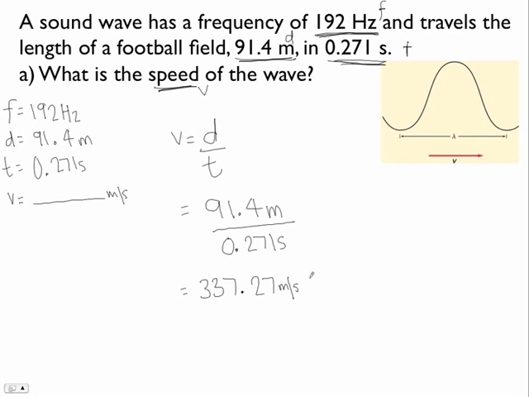And this is actually a reasonable answer. The speed of sound in air at like 20 degrees is 343 or something like that. And so we can see that this is a reasonable answer, and you'll see that when you get to sound. And again, we have our meters over our seconds, so we're going to have the right units. So our answer should be correct.